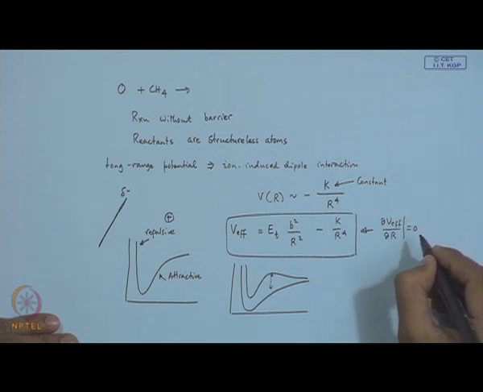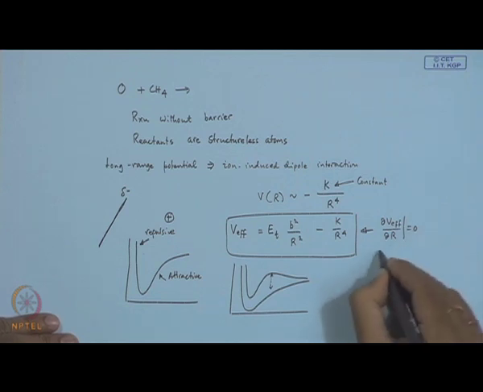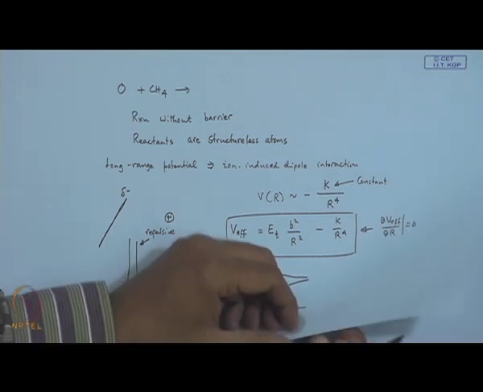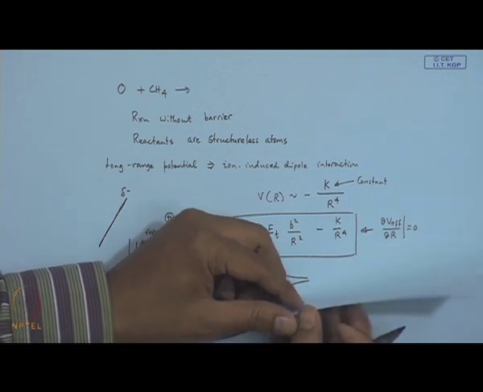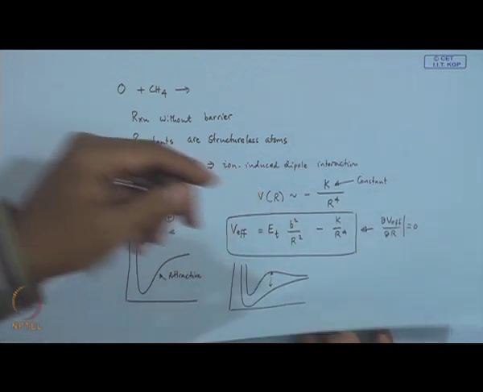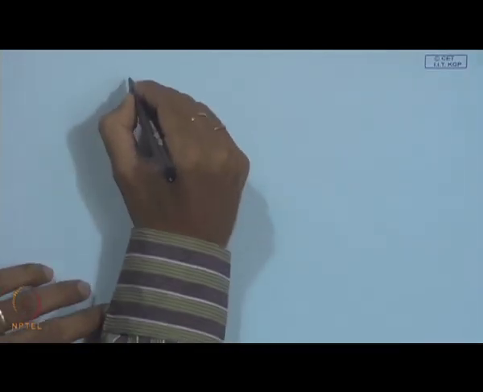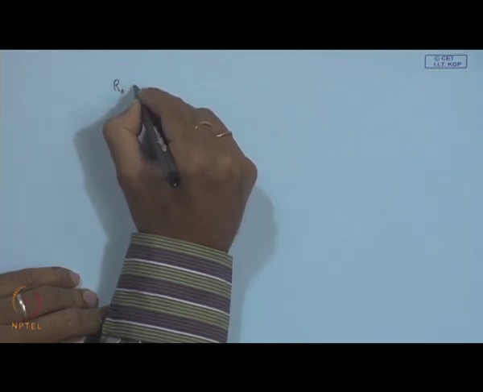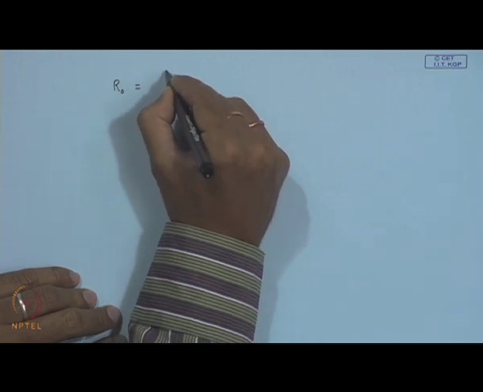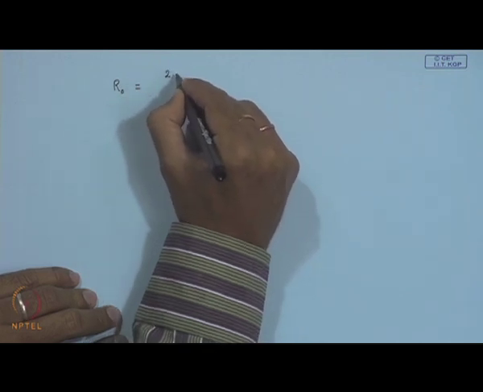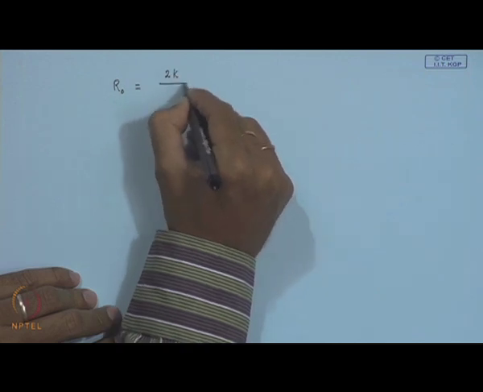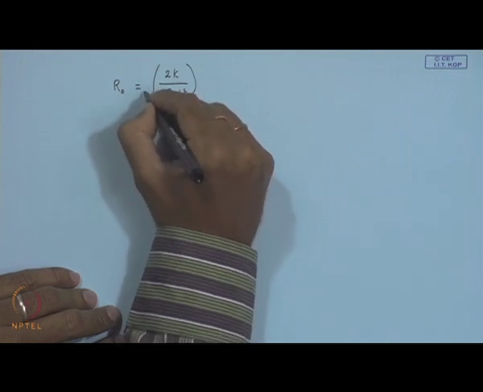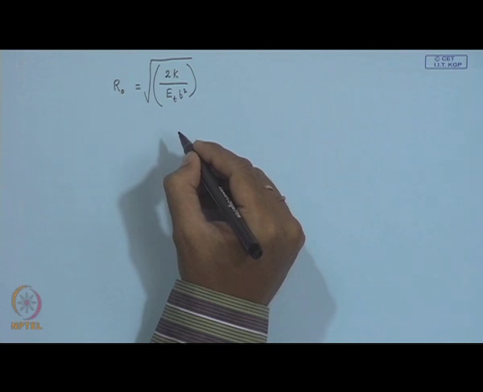That is, we have to extremize to find out the location of the centrifugal barrier, and if we do that, then del V effective del r will give you r0, the location of your centrifugal barrier, r0 equals 2k divided by Et into b square, whole to the power half. Okay.